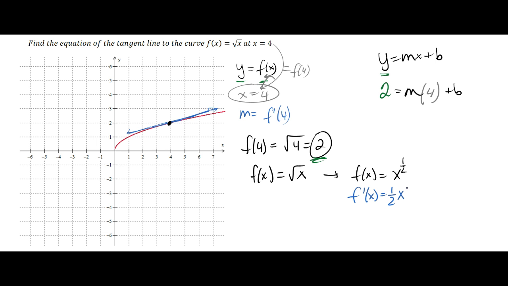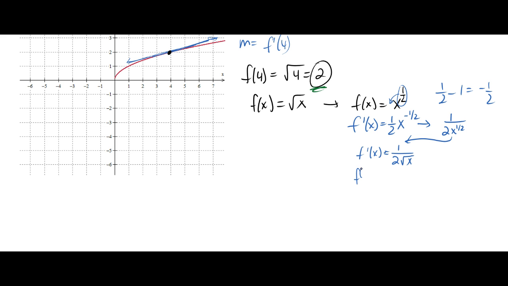It's going to be 1/2 x, and then we're going to subtract 1 from the power, and it's going to be negative 1/2. So it's 1/2 x to the negative 1/2, which we can rewrite as 1 over 2x to the positive 1/2, which we can further rewrite to f prime of x is equivalent to 1 over 2 rad x.